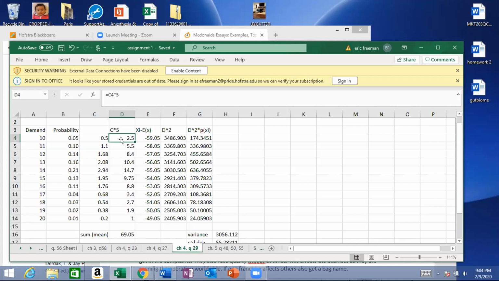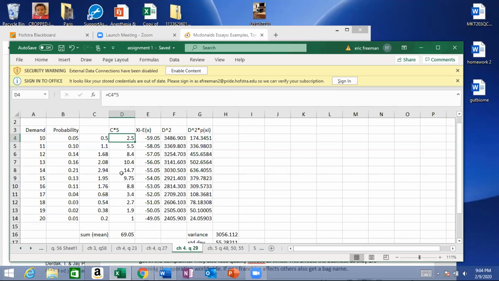Well, what is it asking you for? What's the mean and standard deviation of the weekly copier paper cost? I think there are two ways to do this.